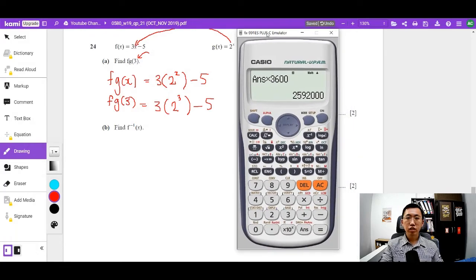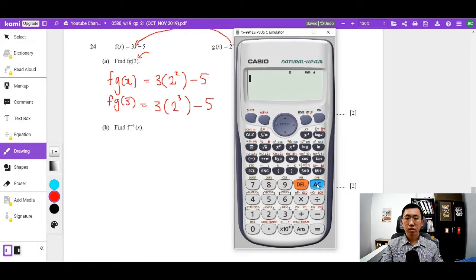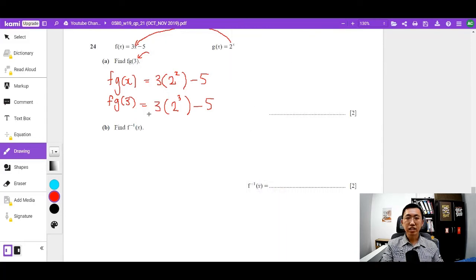Let me try to show you. Put 3 bracket, follow exactly to power of 3, close, and -5. 19. So the answer is 19.